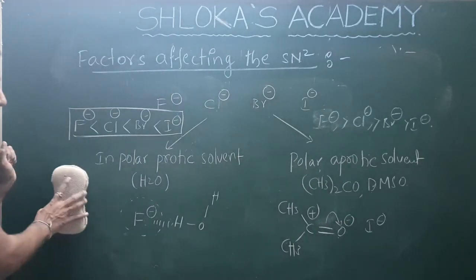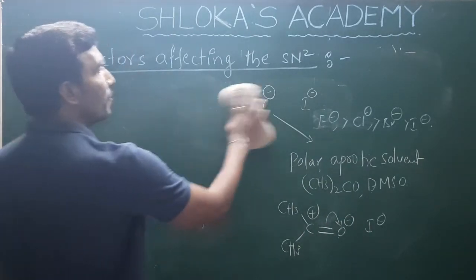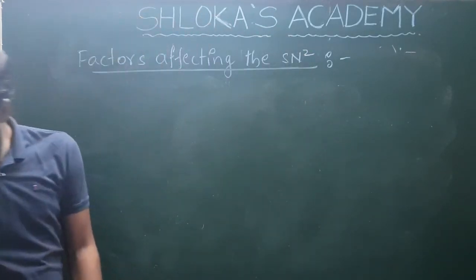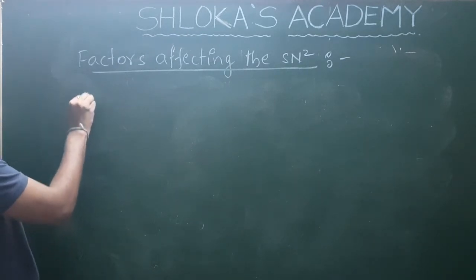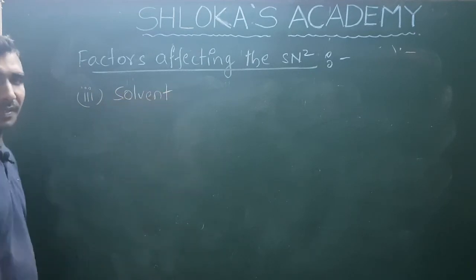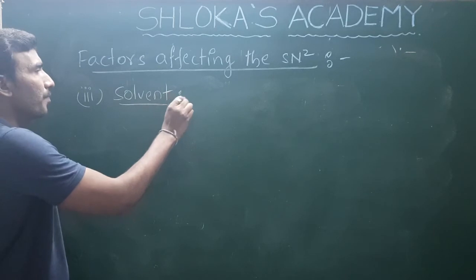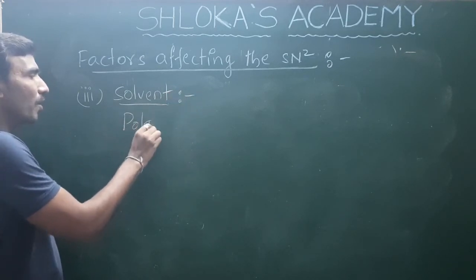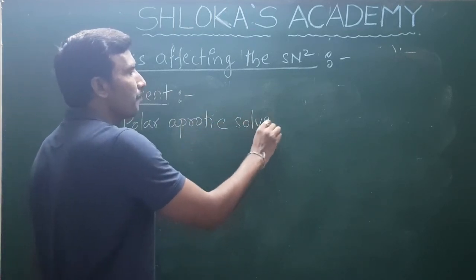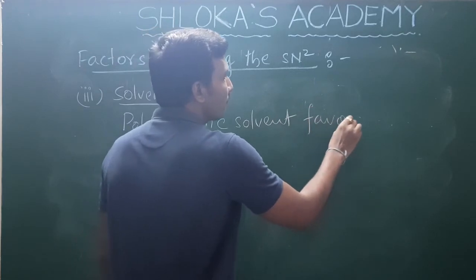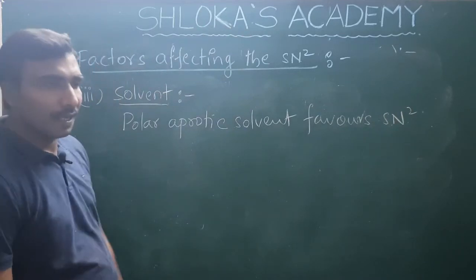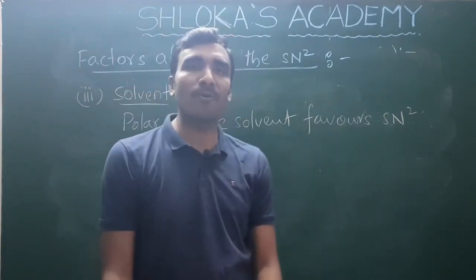This is the second factor. And the third factor we have to discuss is the nature of the solvent. Effect of solvent. If you take a polar aprotic solvent, it favors the SN2 mechanism. Polar aprotic solvents are polar but not capable of donating a proton, H plus ion.